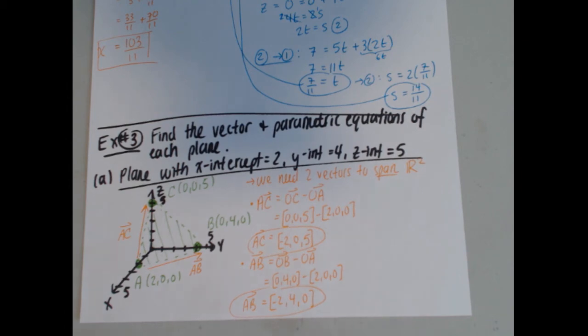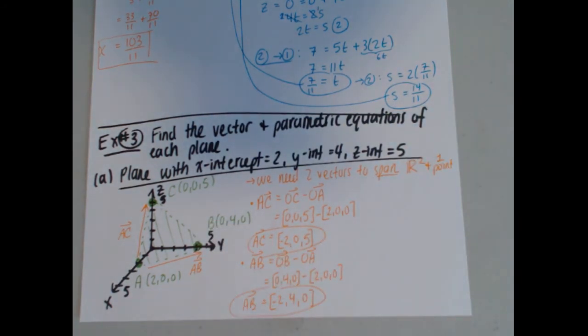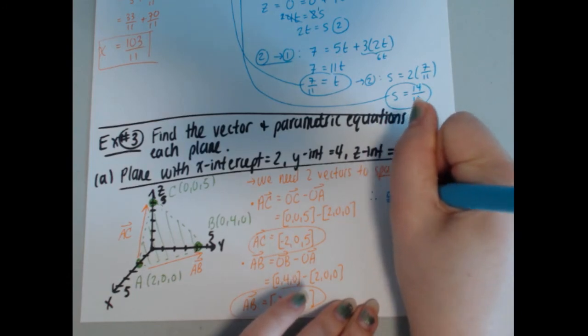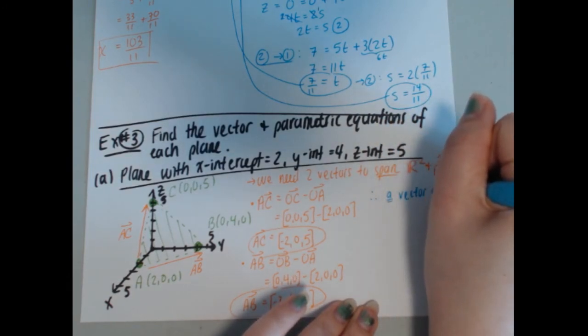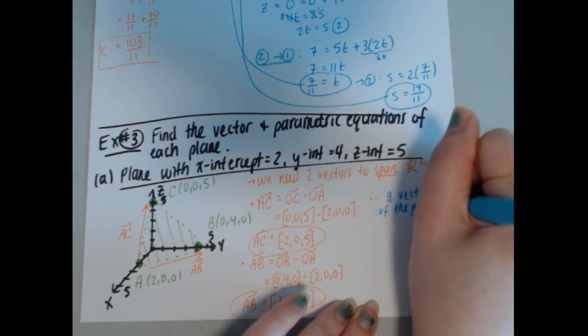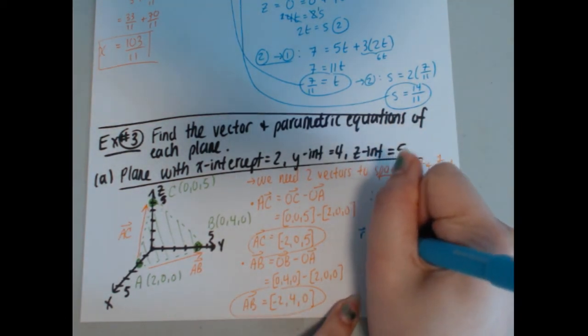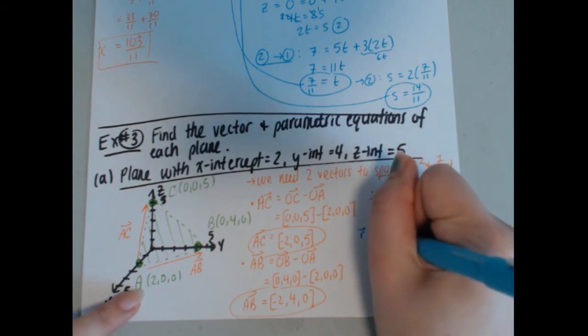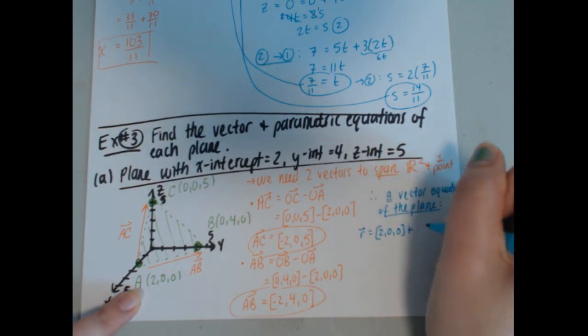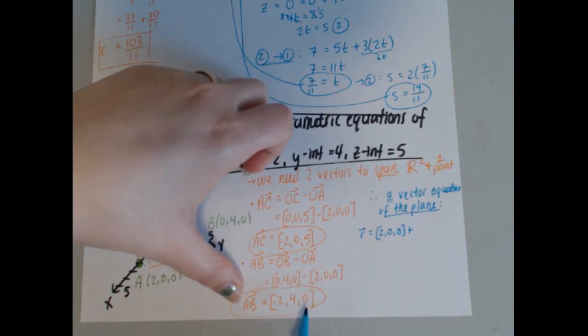The only other ingredient you need is 1 point. And guess what? I have 3 points, so you can pick any one of those that you like. I'm going to go ahead and just pick A, but again, it doesn't matter which one you pick. Therefore, a vector equation of the plane, and I'm saying a vector equation because there are so many you could create, using point A, is r equals (2, 0, 0), plus one parameter multiplied by one vector, plus another parameter multiplied by the other vector.